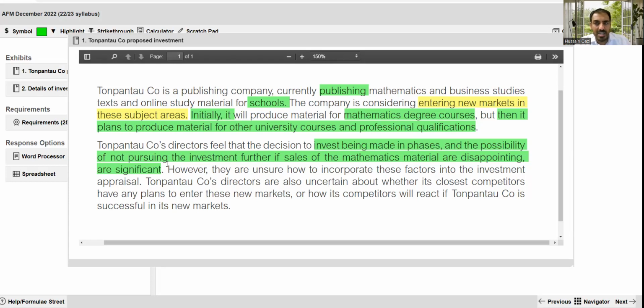What particular terminology or concept of real options can you use here? You must click it in your mind. Can anybody reply here, even you people watching the video? Investment being made in phases, or the possibility of not pursuing the investment.